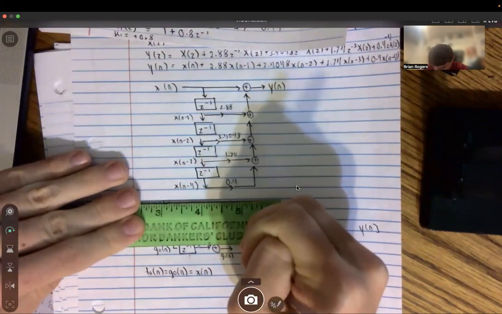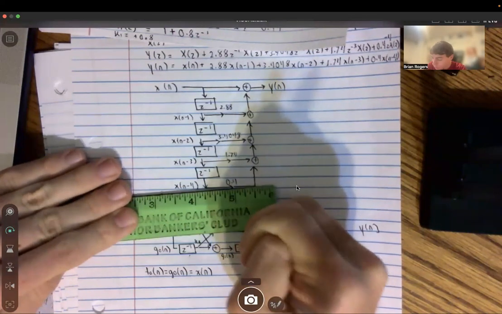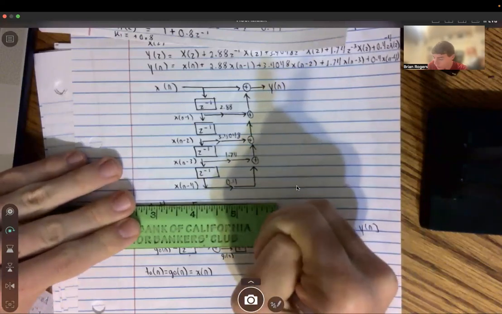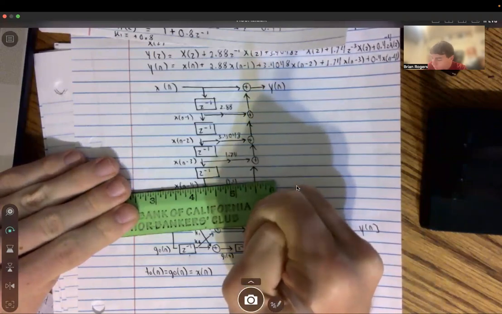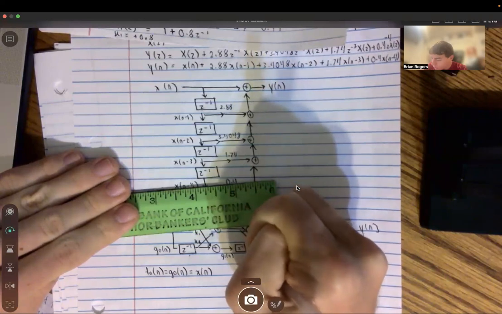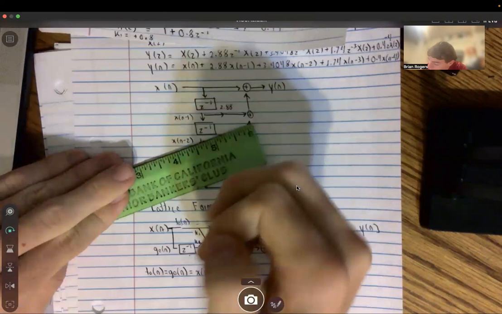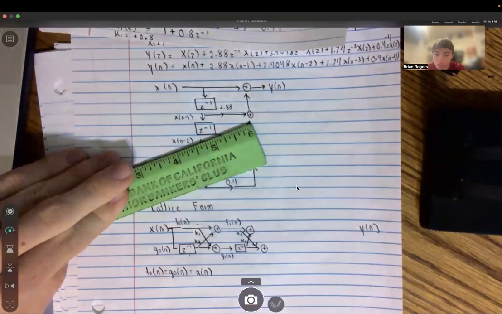And then this is going to pass through another delay, which is z to the -1. And then it's going to go up to the summing block here, and this one's going to go down towards this summing block here. It's going to multiply both by k2. Along those lines, you're going to see multiplication by k2.